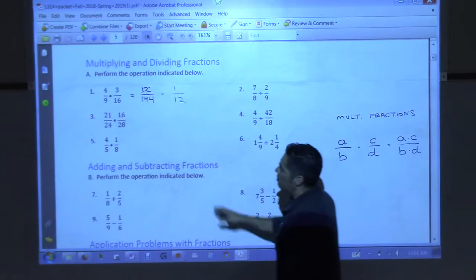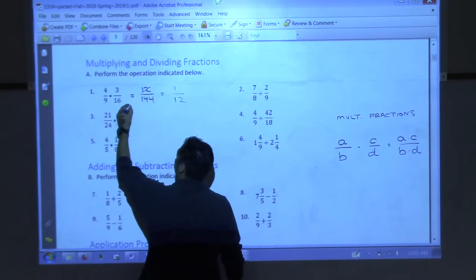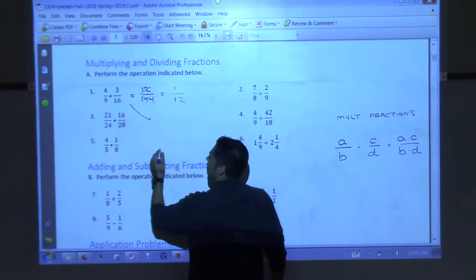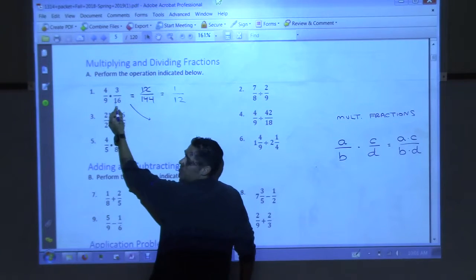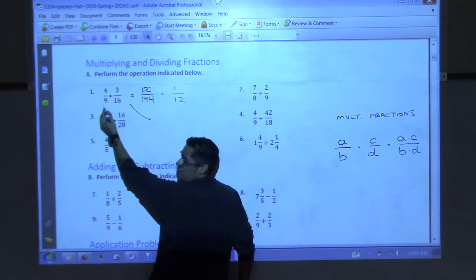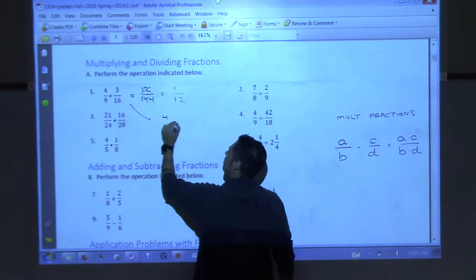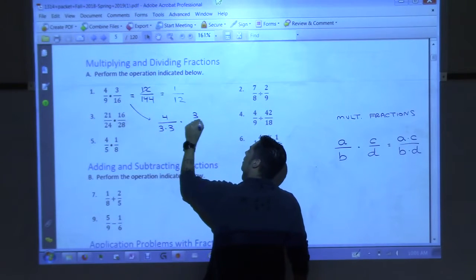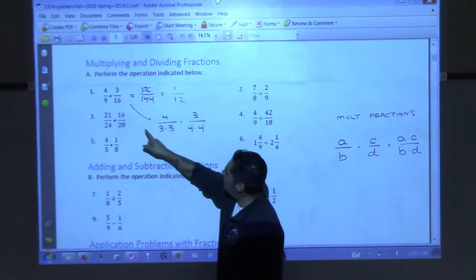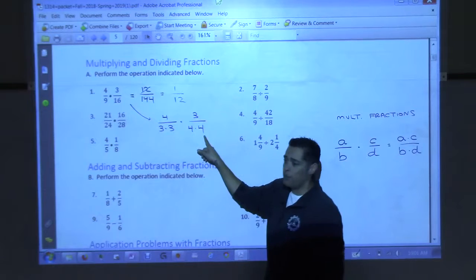Okay, so before we start the multiplication, we could have looked at this. I know what you're doing. You're saying 4 and 16, and then you could do the 3 and the 9, right? What you're really doing is you're saying, I'm going to break the 9 up into 3 times 3, and the 16 up into 4 times 4.